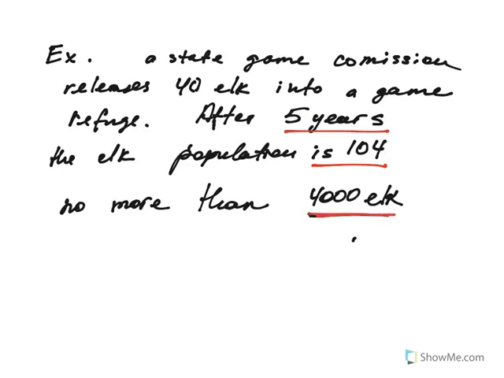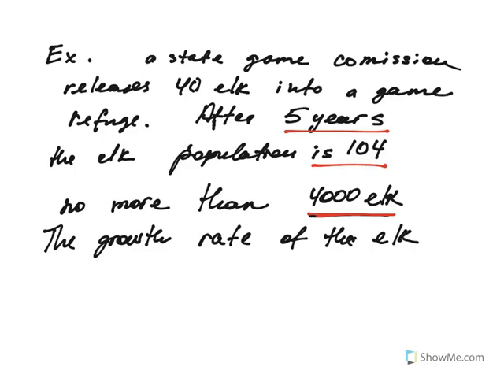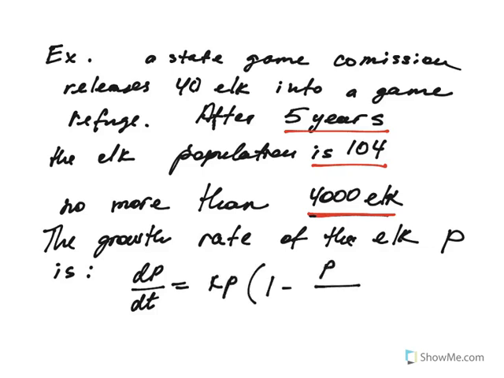So what does it tell you? What does this number represent? Well, let's think. The growth rate of this population P is, well, here's the differential equation: kP times (1 minus P over 4,000).